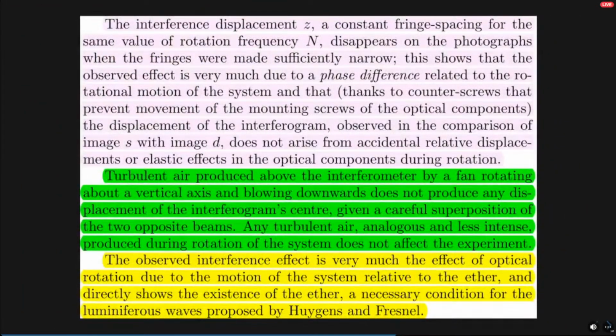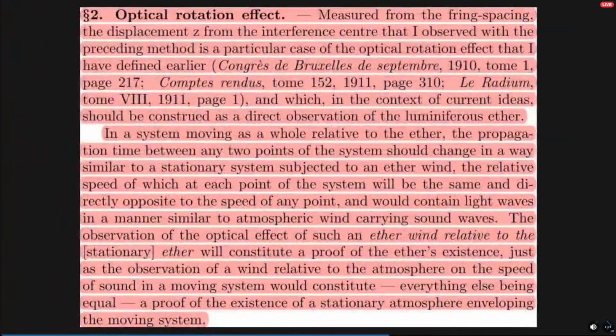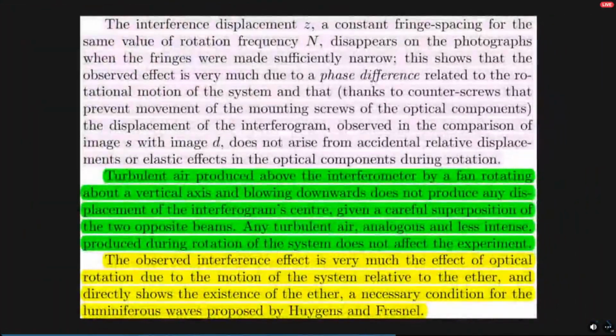Okay, so the interference pattern is displaced by the constant fringe for the value. Sorry, I was supposed to get just this bottom part.